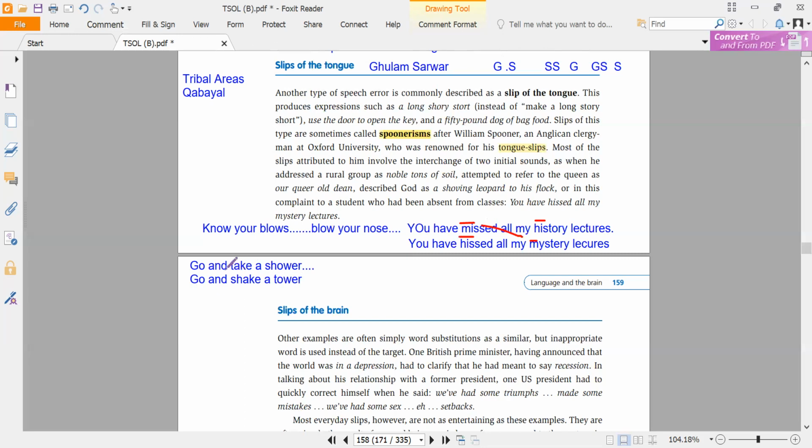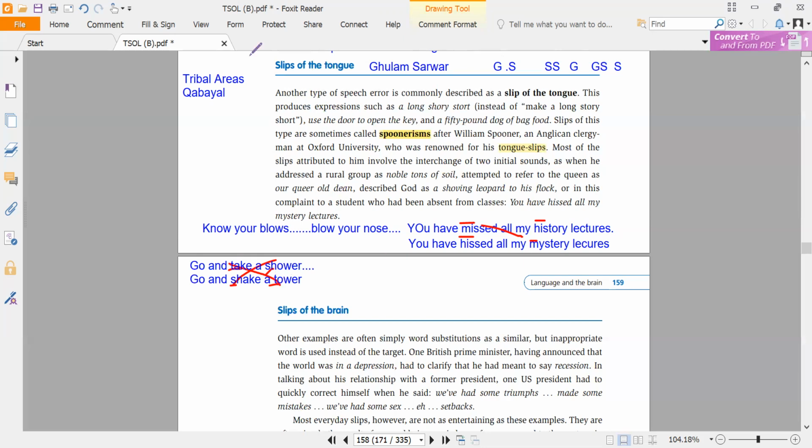So, go and take a shower. When the sh and t sounds are exchanged, we are left with "go and shake a tower." The sh sound comes here and the t sound comes here, right? And it has a very comic effect, a very humorous effect. So this is what we call slip of the tongue.